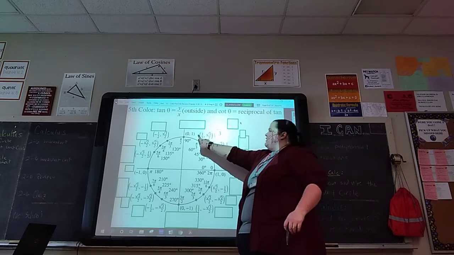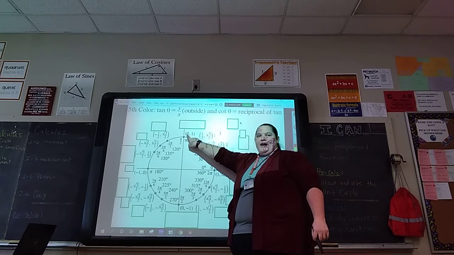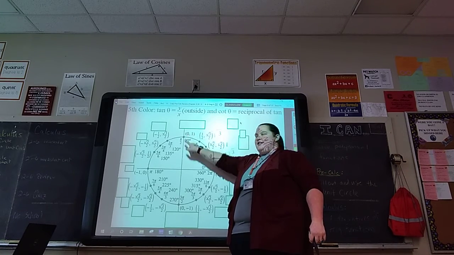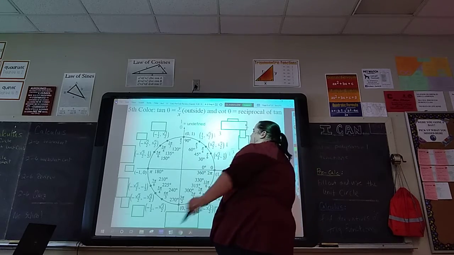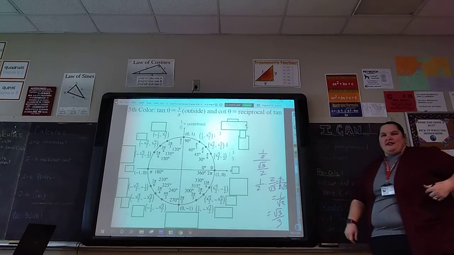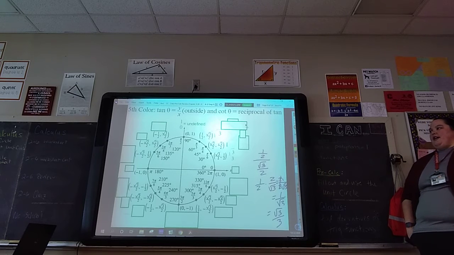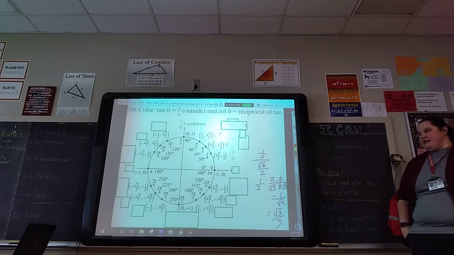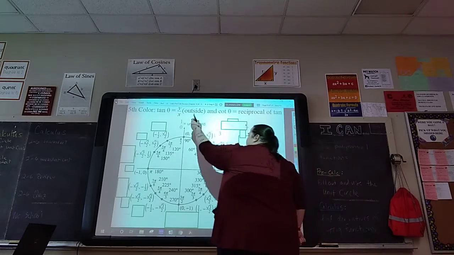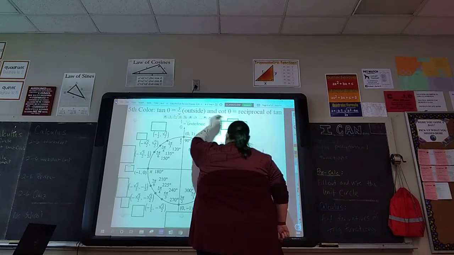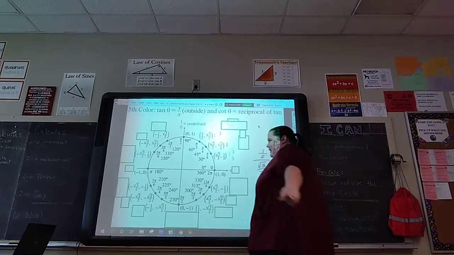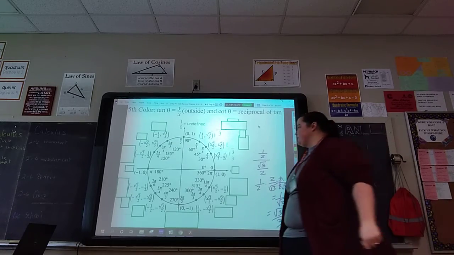Now this one, if I put y over x, it's undefined. So there is possibility for tangent to be undefined because if x is 0, then tangent's going to be undefined. So I put the fraction there, but ultimately remember that tangent is undefined. So there are going to be a couple values that are undefined here.